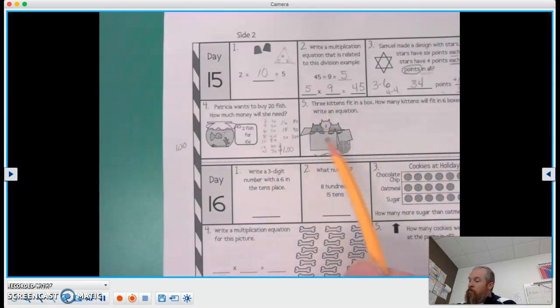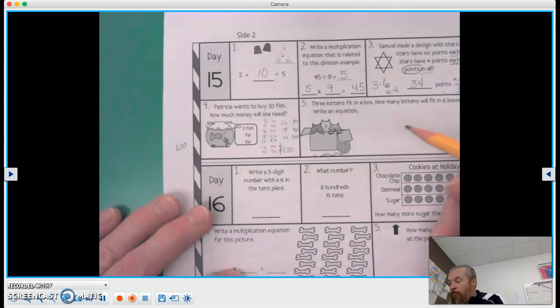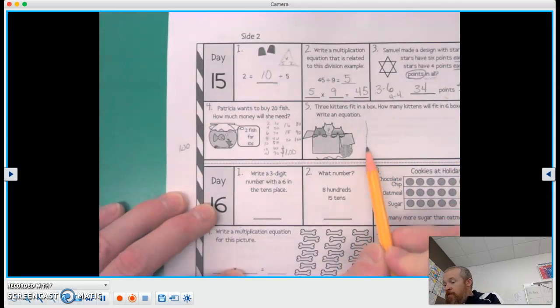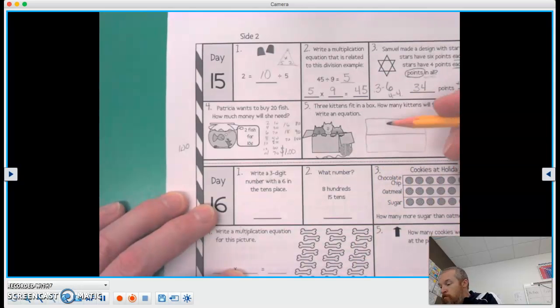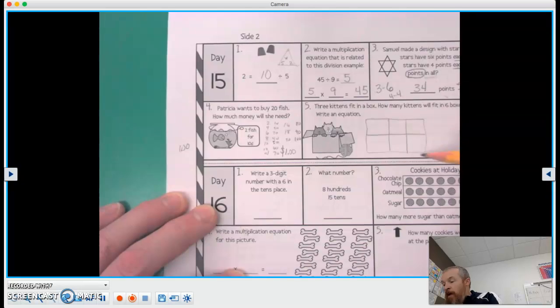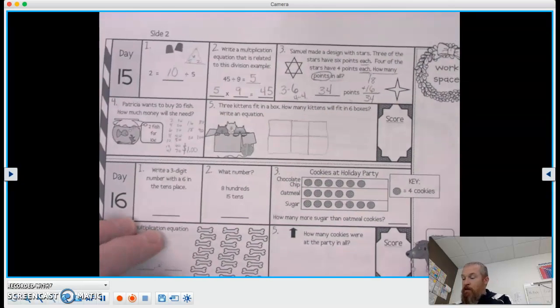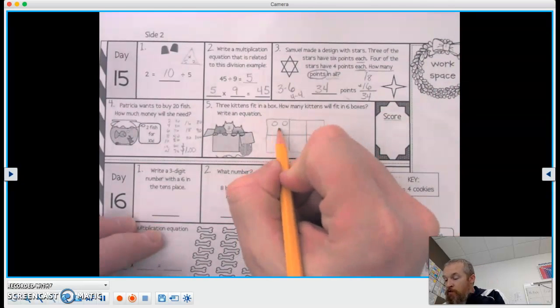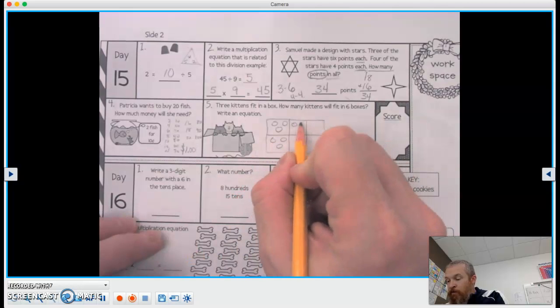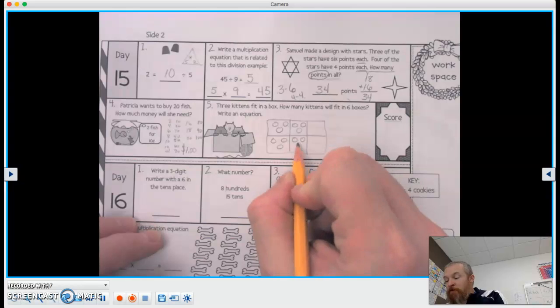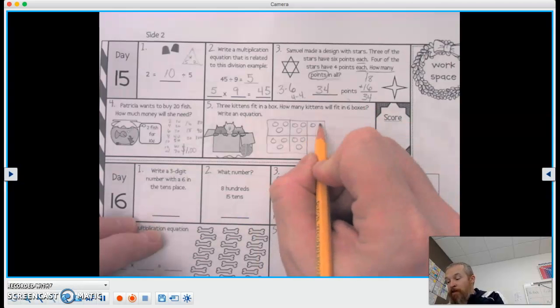Okay. 3 kittens fit in a box. How many kittens will fit in 6 boxes? Okay, well, let's make 6 boxes. Okay, I have 6 boxes there. You see that? So I have 1, 2, 3, 1, 2, 3, 1, 2, 3. Those circles each stand for 1 kitten.